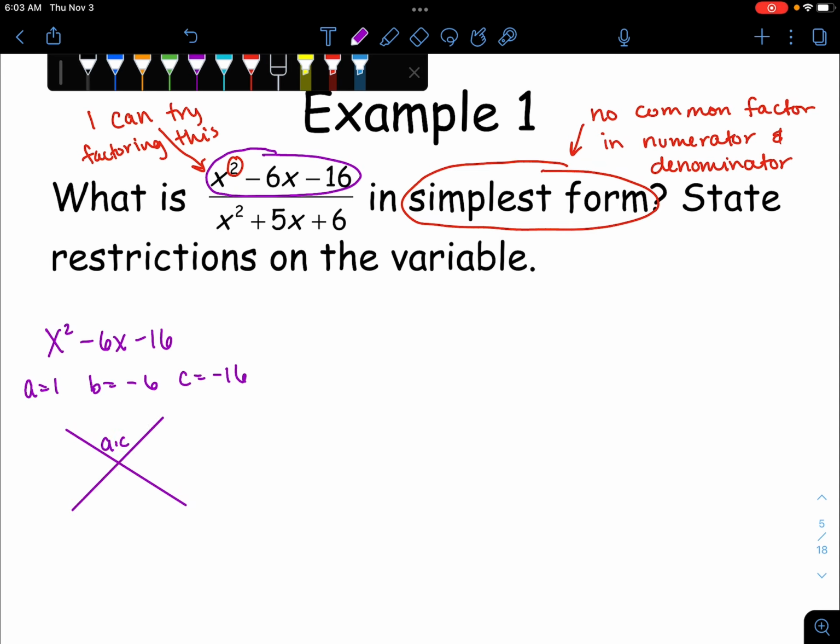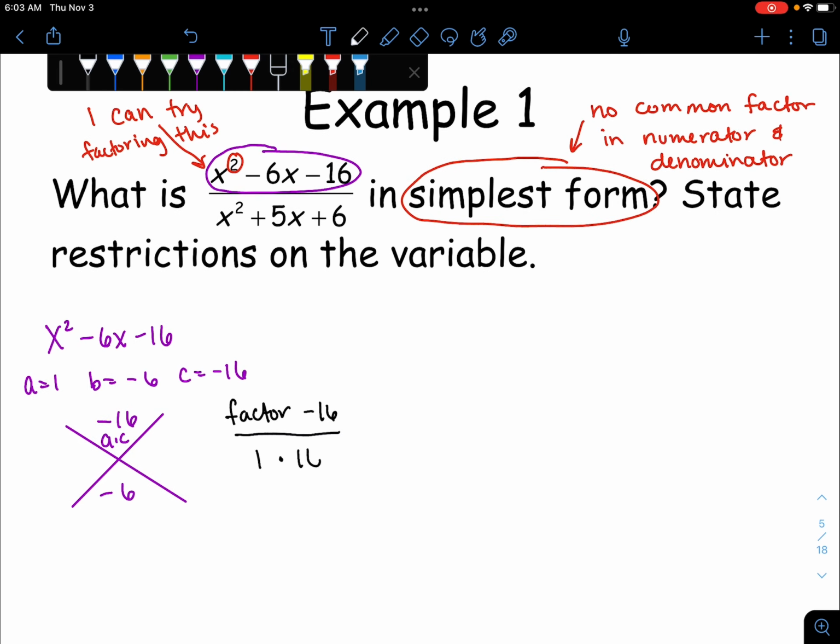A times c is on top, which is just negative 16. B is negative 6. Now you find what multiplies to negative 16 that adds to negative 6. So we would factor 16. So 1 times 16, 2 times 8, 4 times 4.